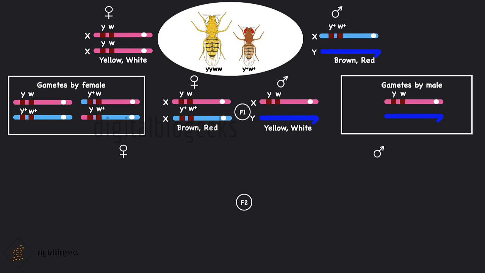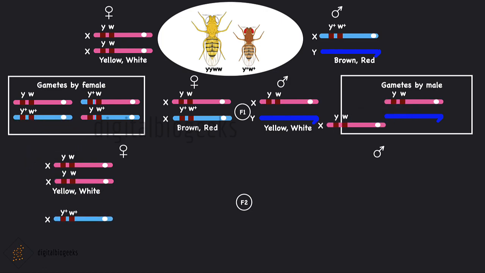In F2 generation, the X chromosome from the mother joins with the X chromosome of the father where y and w are recessive. This fly will resemble the father, that is yellow body and white eye. Next, this X chromosome that has dominant alleles from the mother joins with the X chromosome of the father that has recessive alleles. The resultant offspring will be wild type, that is brown body and red eye.